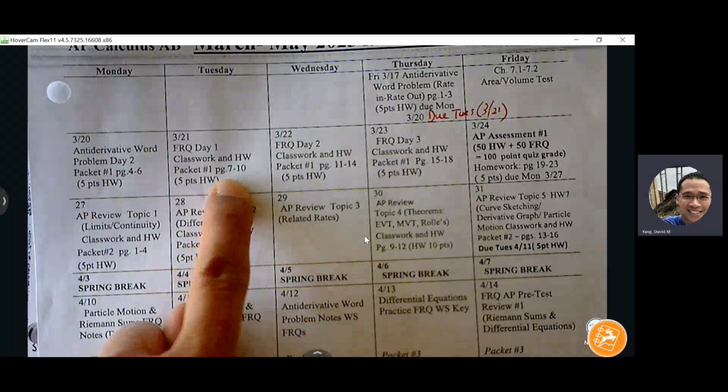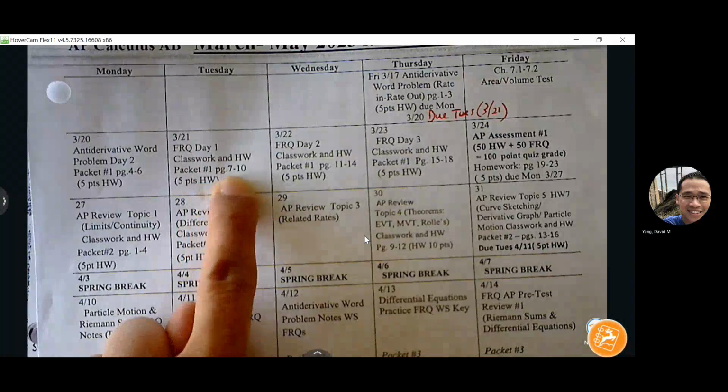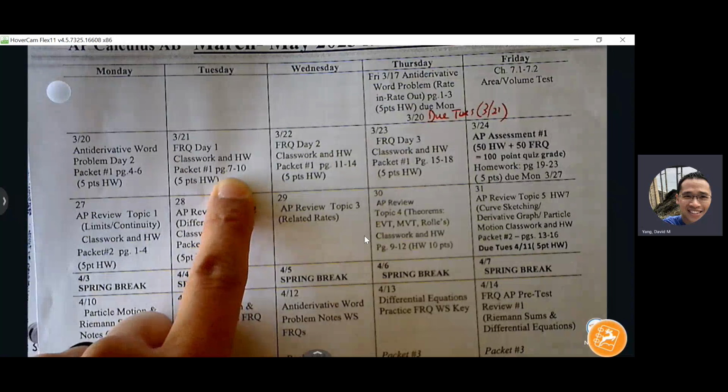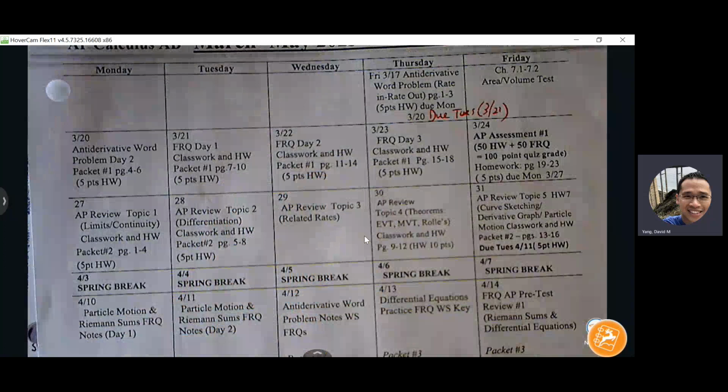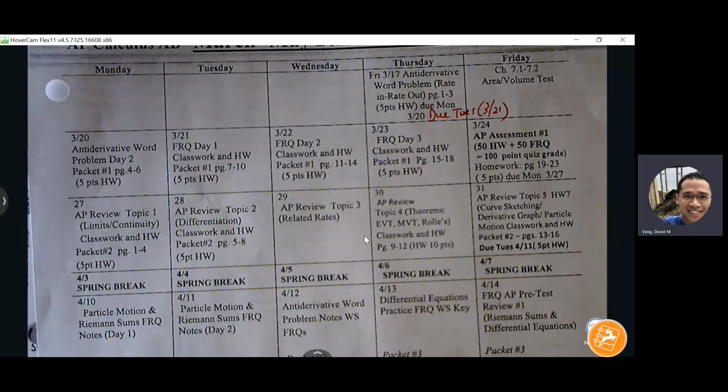So tomorrow, pages 7 through 10. I did most of 7 and 8, so you guys did 9 and 10. I'll probably pick out some problems for us to review, and then we'll go to 11 through 14. We'll do 11 and 12, and you guys do 13 and 14. Or I may just try to pick out problems from those 4 pages, and then you guys will finish whatever I don't do.